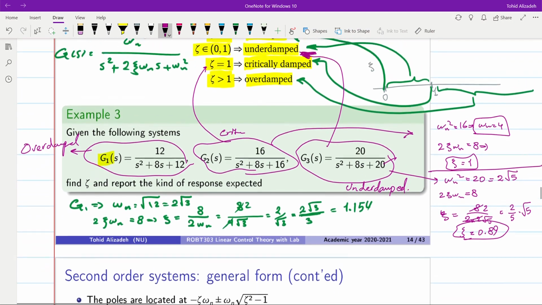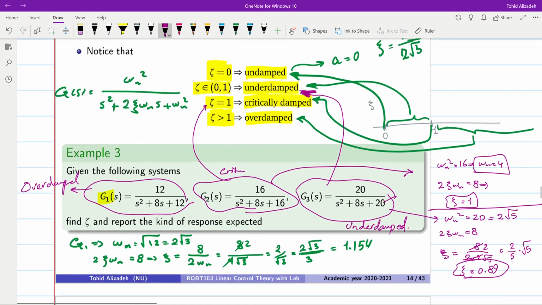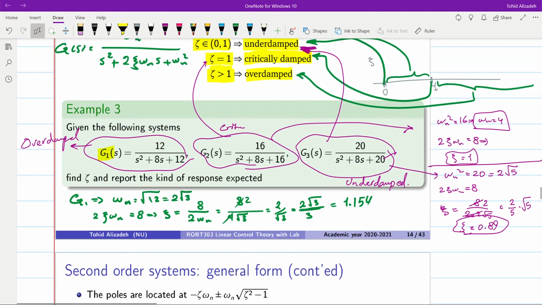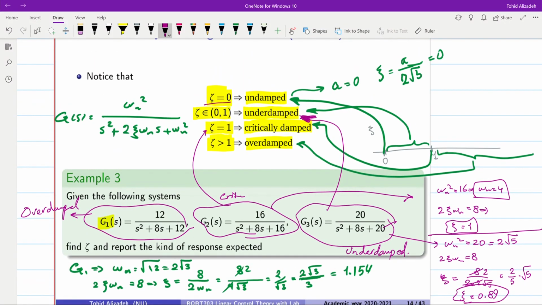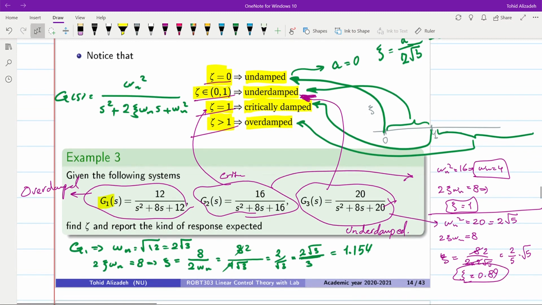Alright, so that's all that we have for the classification of the second order systems based on the value of zeta. When zeta is equal to 0, we have undamped; zeta between 0 and 1, underdamped; zeta equal to 1, critically damped; and zeta bigger than 1, the overdamped case.